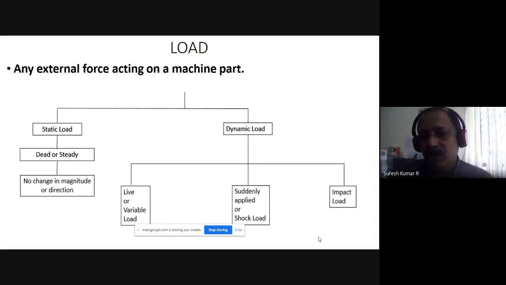The difference between a shock load and impact load is that shock load is applied without any height of fall or initial velocity, whereas impact loads we apply with some initial velocity or height of fall. If you observe, dynamic loads are changing continuously, whereas in a static load there is no change in magnitude or direction. And in this particular section, we are talking about design for static loading.